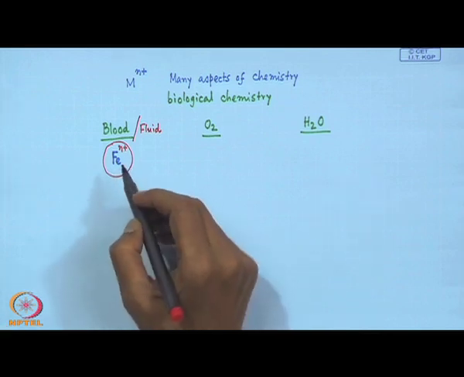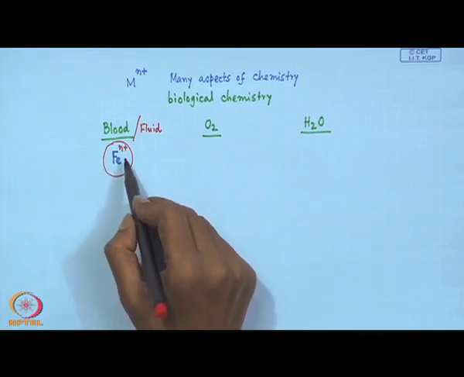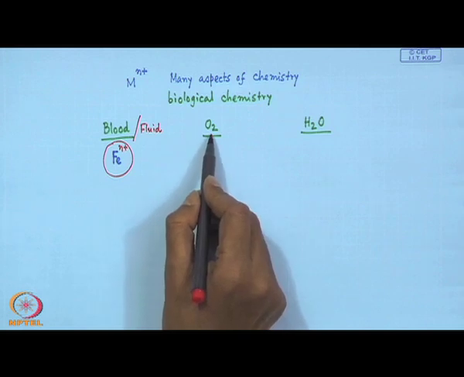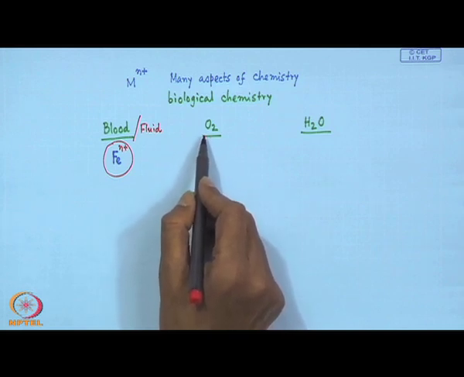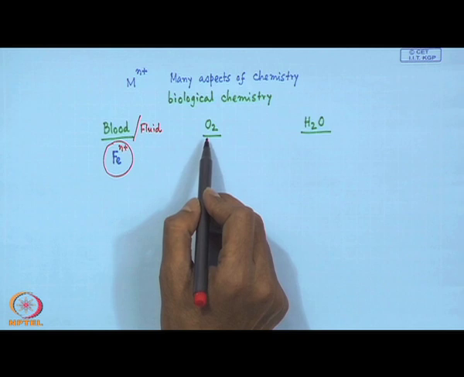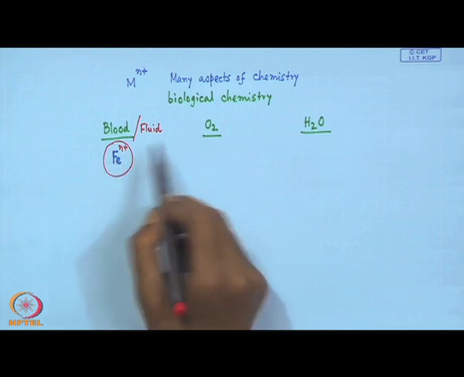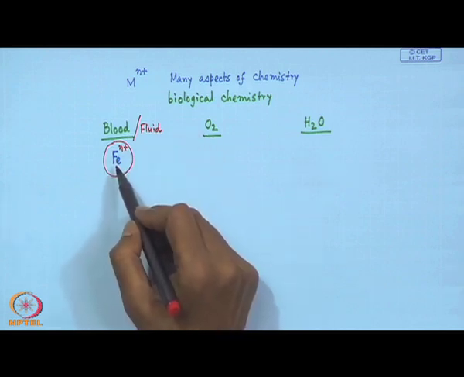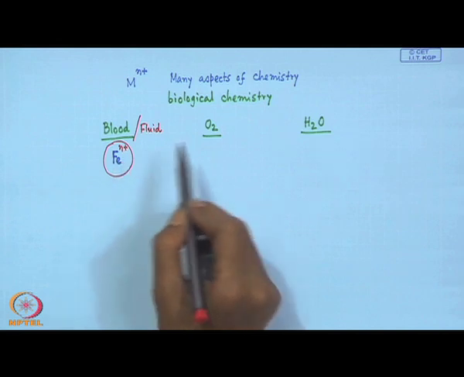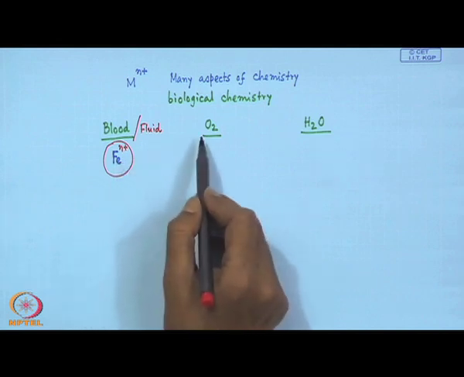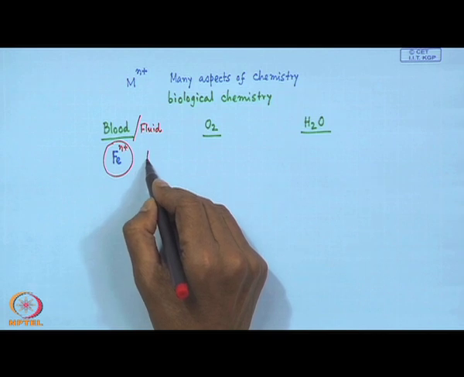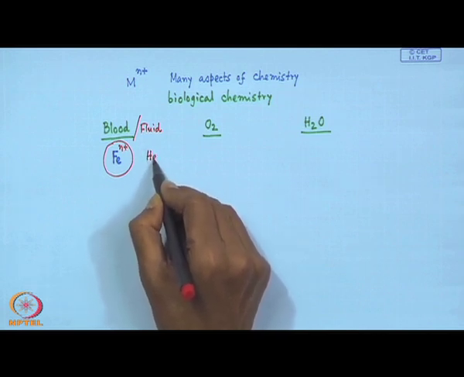So, that is the knowledge we can have from this study, that the oxygen molecule in air, when we breathe, basically goes to blood and some molecule is present over there which can be oxygenated due to the interaction of iron with the oxygen. What is that? This is nothing but our hemoglobin.